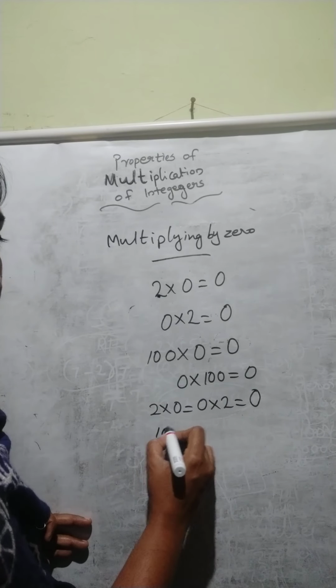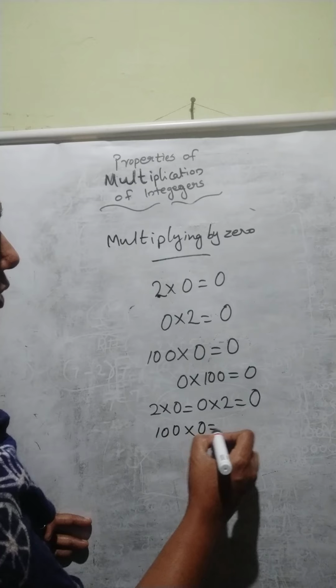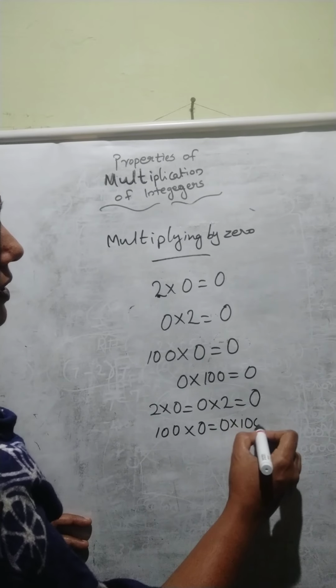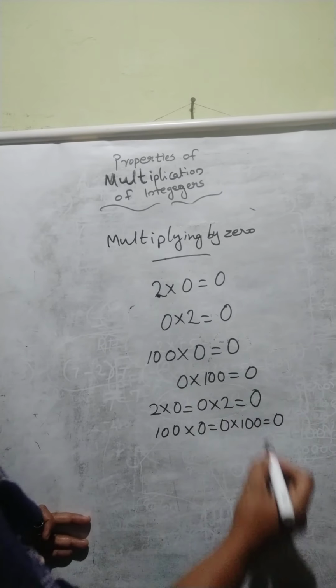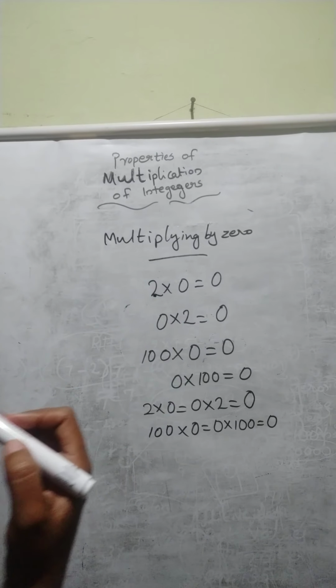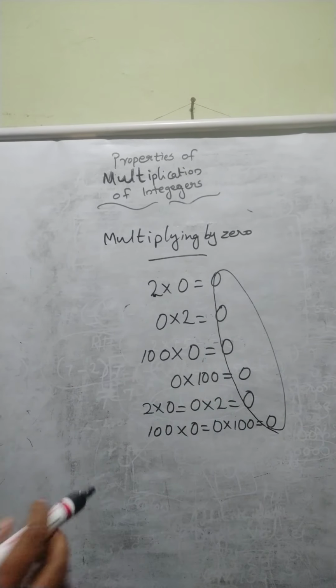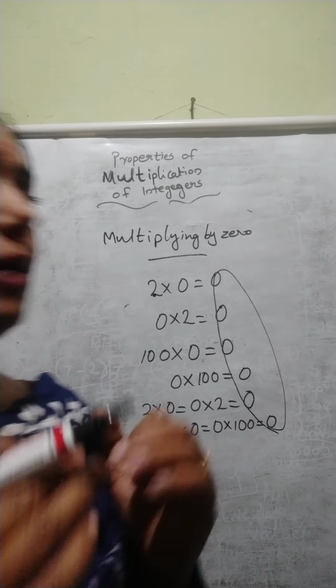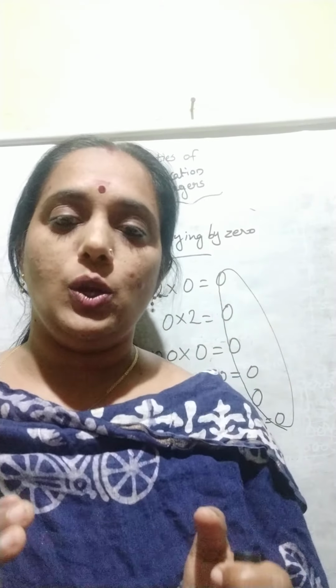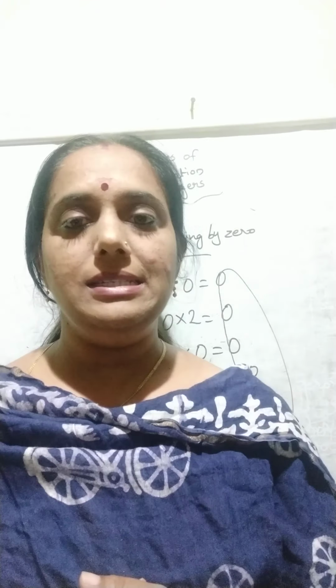So we can say when we are multiplying by 0, we will always get 0 as the answer. When we are multiplying an integer by 0 or 0 by an integer, the answer will be 0 itself.